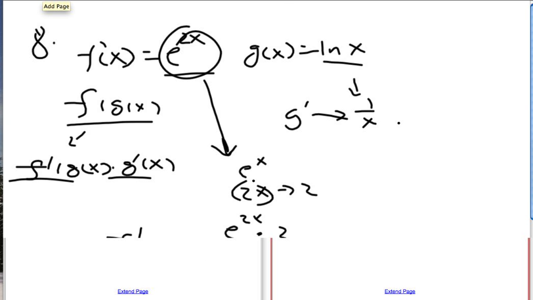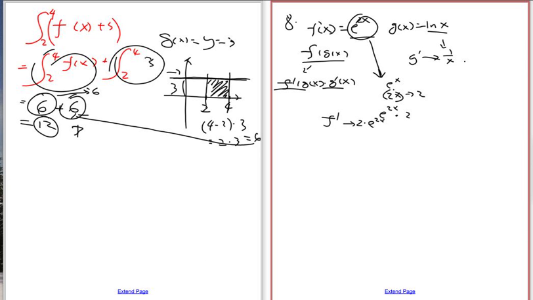So we put everything in. 2 times e to the 2x. So here we plug g(x) into the x, ln x, times g prime. g prime is 1 over x.